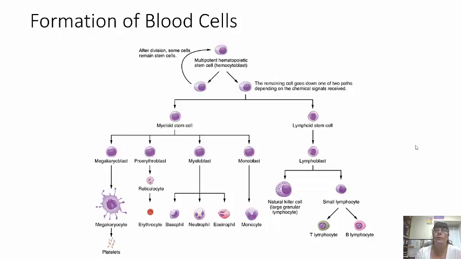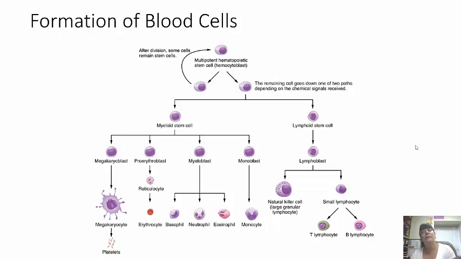Or it could turn into a proerythroblast, which will turn into a reticulocyte and then a red blood cell. It could turn into a myeloblast, which will differentiate into either a basophil, neutrophil, or eosinophil. Or it can differentiate into a monoblast, which will differentiate into a monocyte.